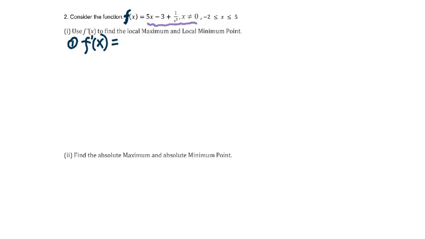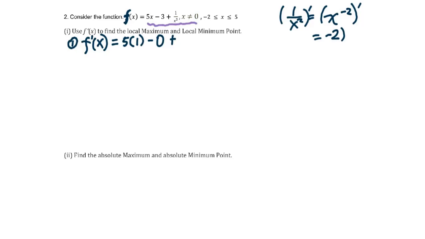For the 5x, it will be 5 times 1, minus 0, plus 1 over x squared. I can write this as x to the -2nd power.